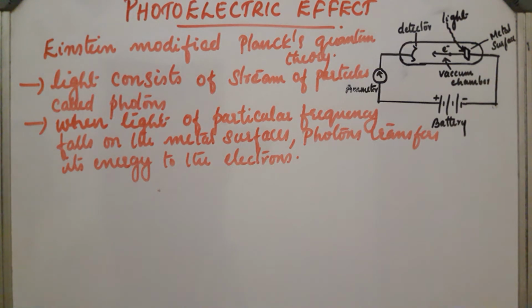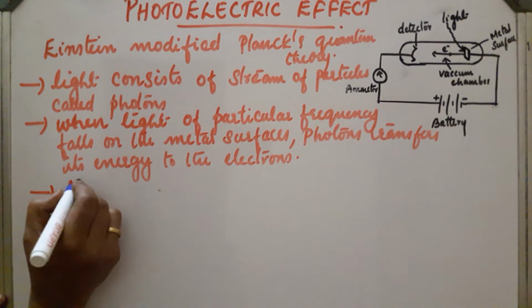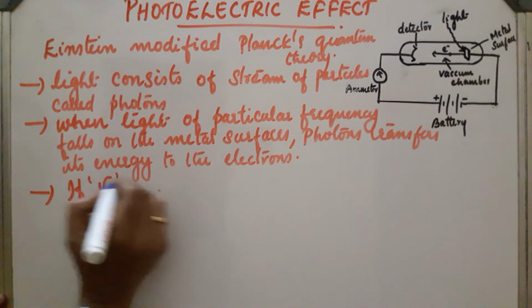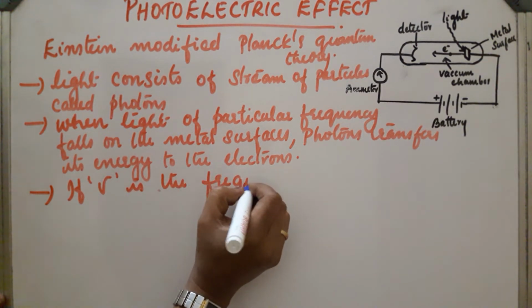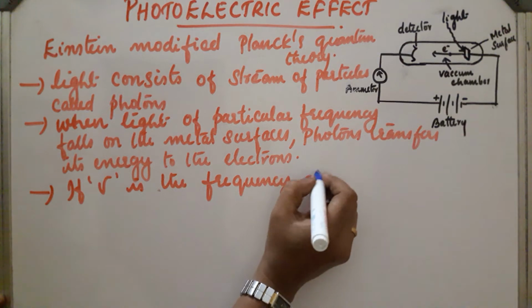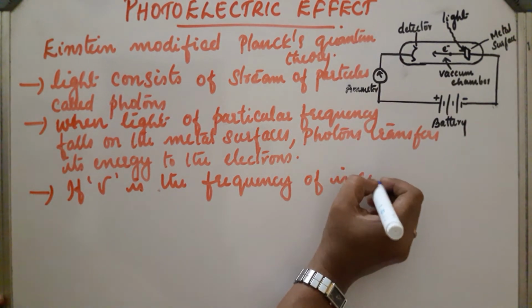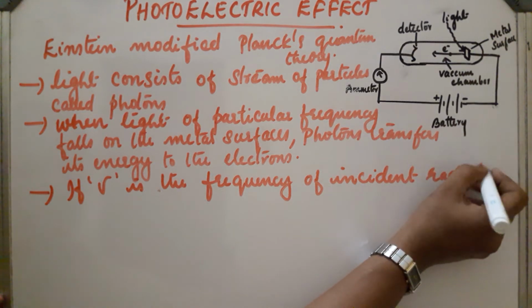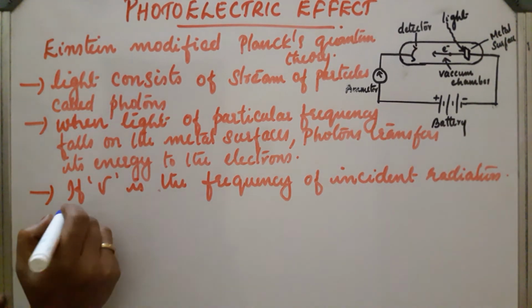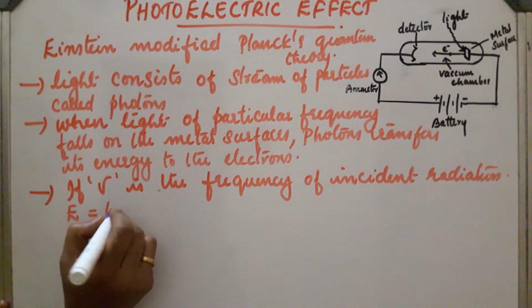Next point: an electron is removed from the metal surface if the frequency of the photon is greater than the threshold frequency of the metal. If nu is the frequency of incident radiation, then the energy of the incident radiation is E equal to h nu.